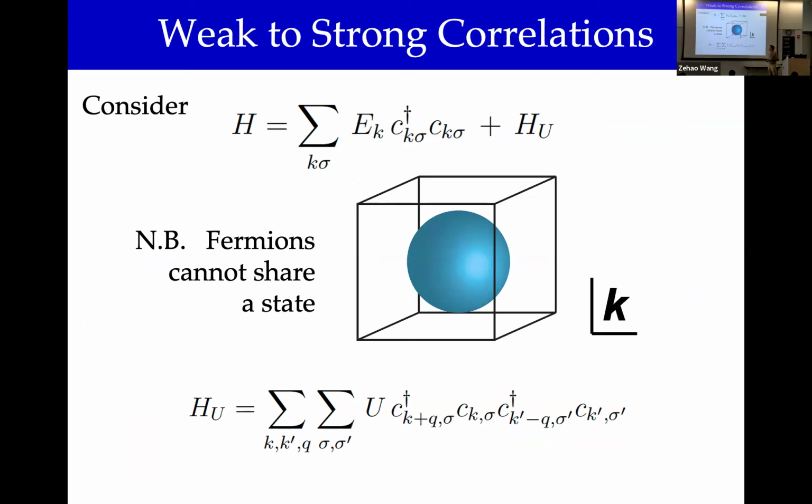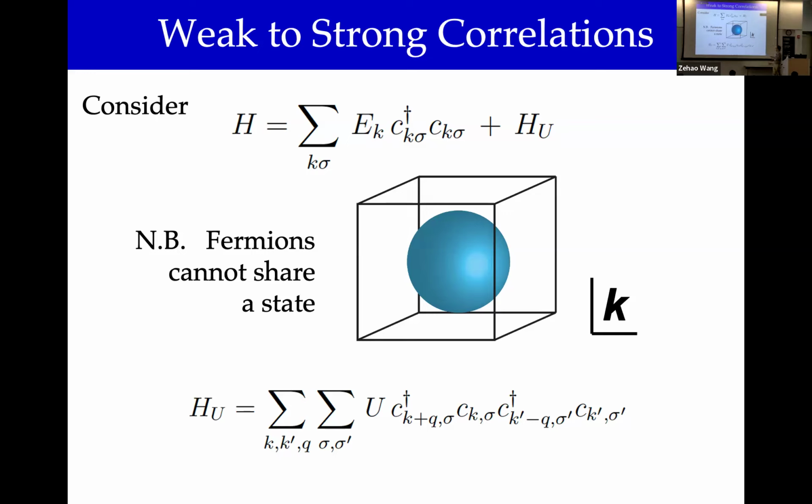So let me start by introducing the effect of interactions in general. We can start from the non-interacting problem in a lattice system with a band dispersion of E versus k, and we have a Fermi surface defined within the Brillouin zone.